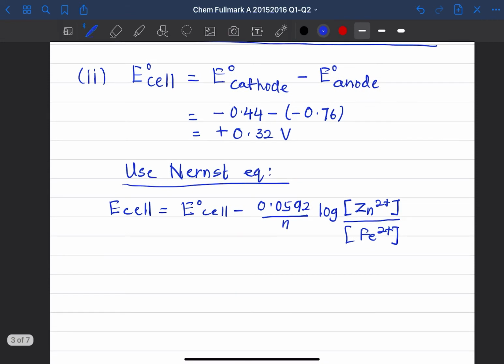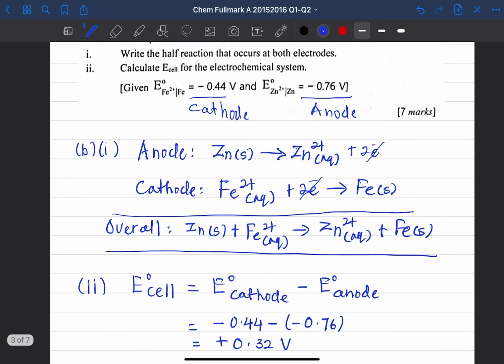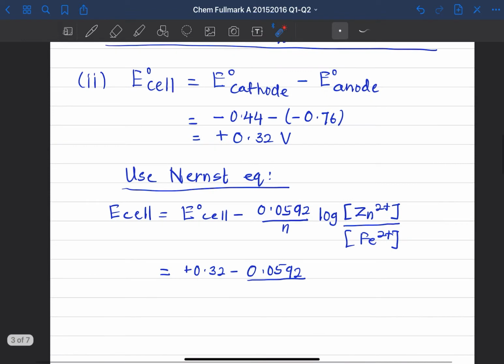Now fill in the E naught cell: positive 0.32 minus 0.0592 over n. n is the number of moles of electrons. 2 mole at anode, 2 mole at cathode, so the total is 2 mole.